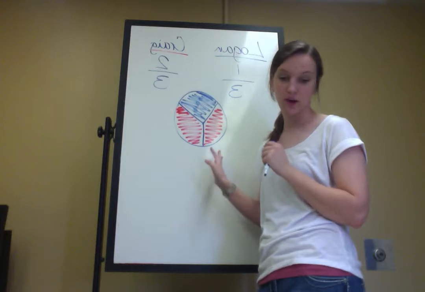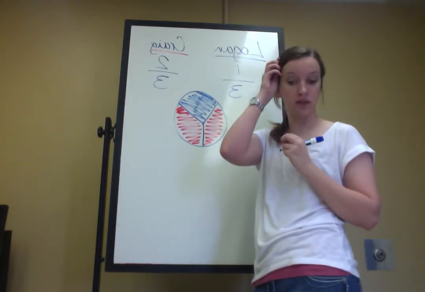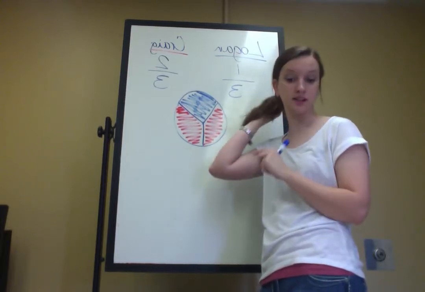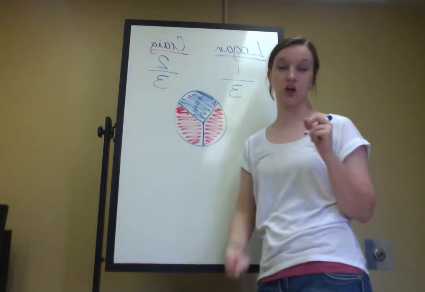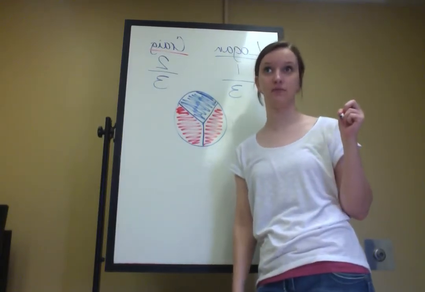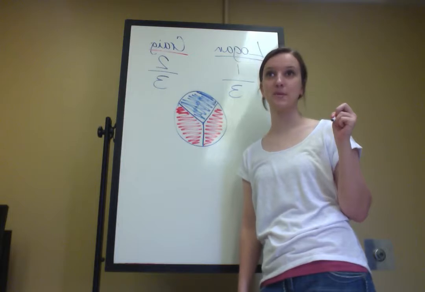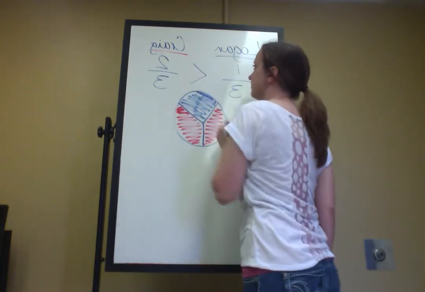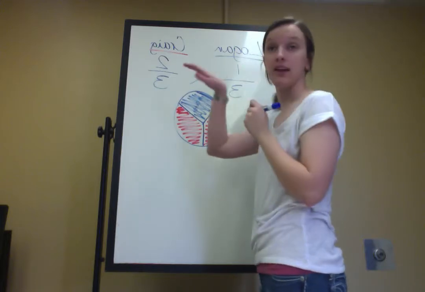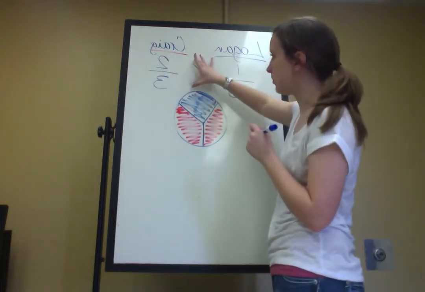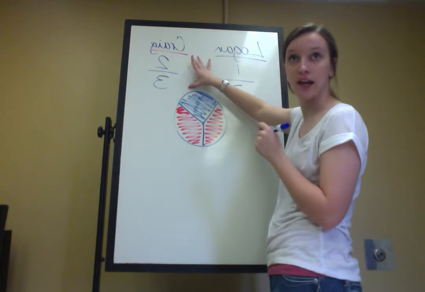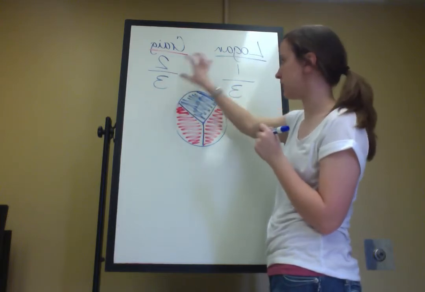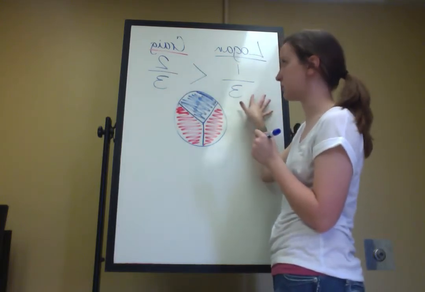Okay? So if Craig ate 2/3 and Logan ate 1/3 and Craig ate more than Logan did, which fraction is larger? 2/3 or 1/3? 2/3, right. Perfect. Okay? So, again, remember, the bigger side goes to the bigger fraction, the smaller side goes to the smaller fraction.